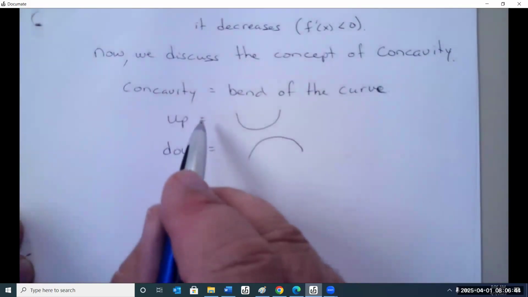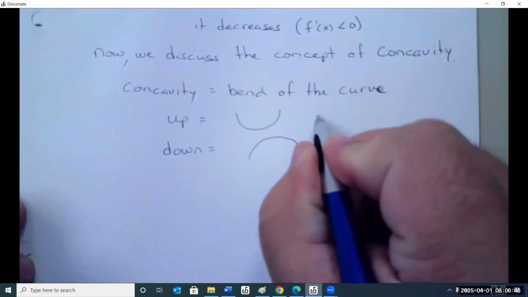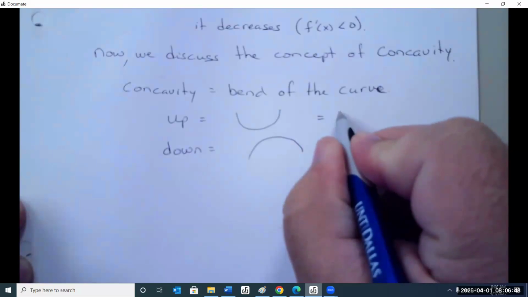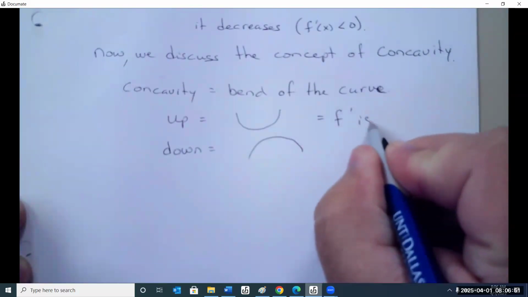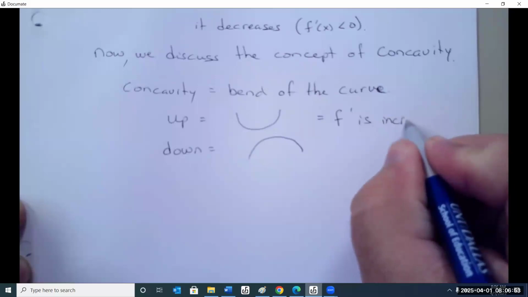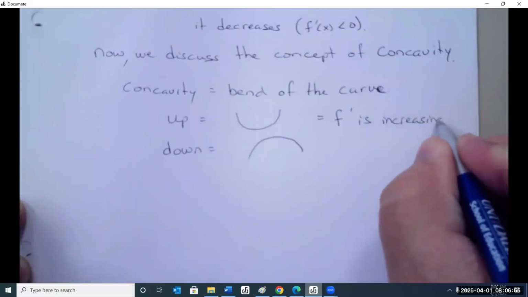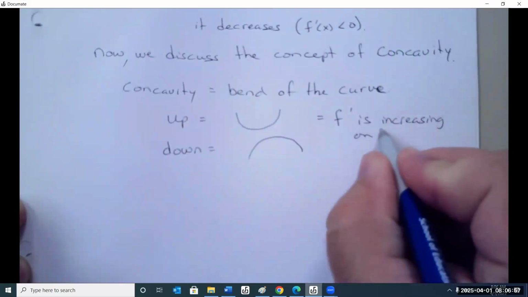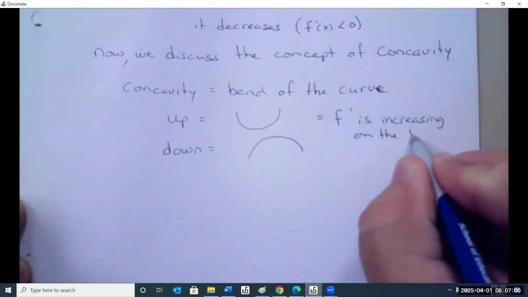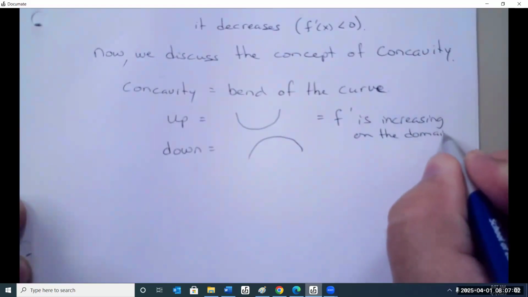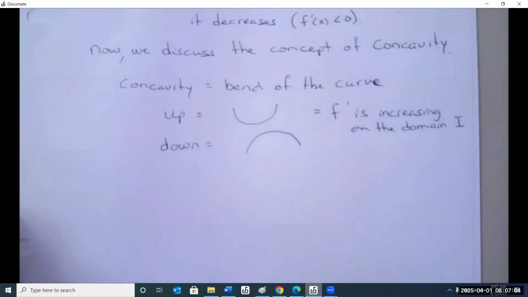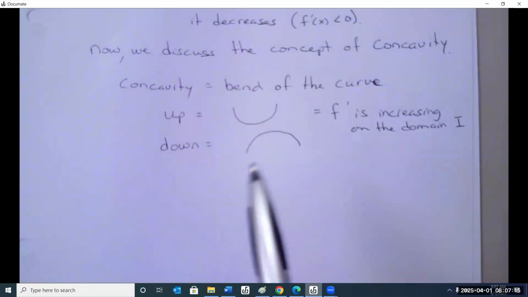So if it's concave up, then what do we know? The end result is if it's concave up, that means it's an increasing function on the domain. Why?